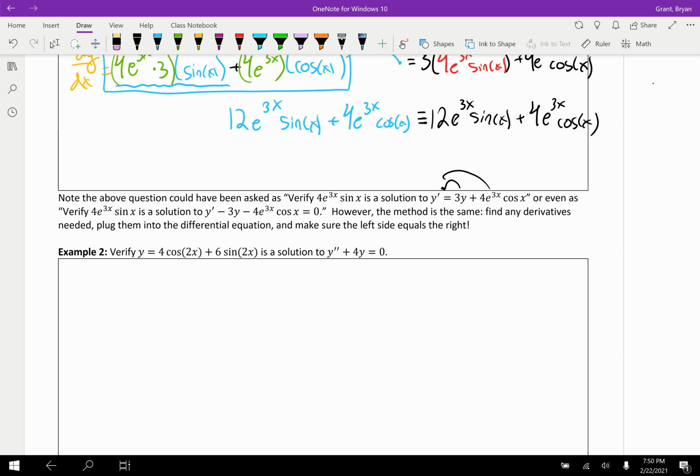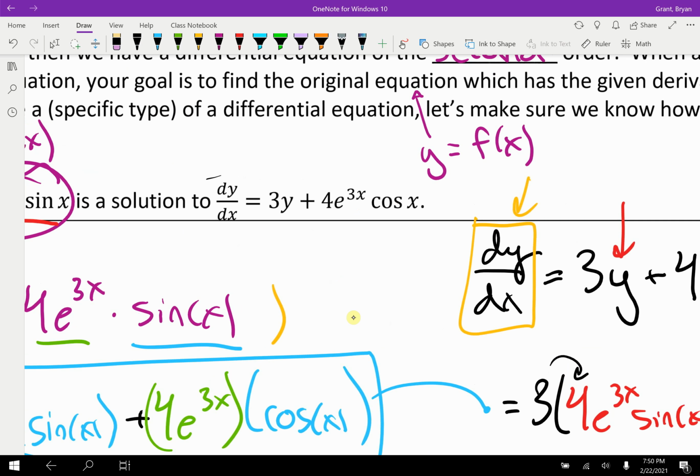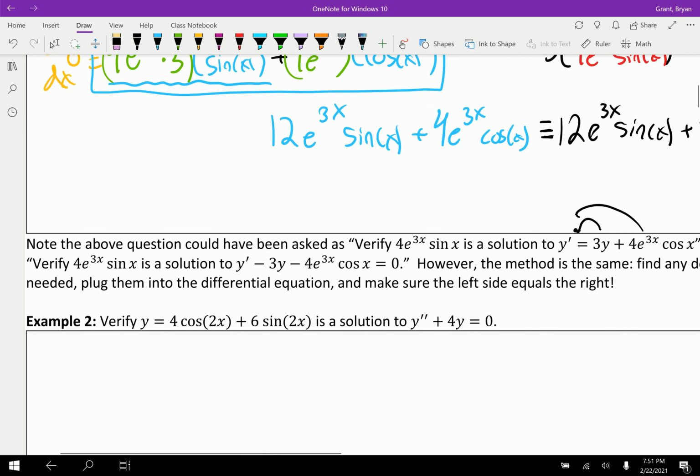Now, some of these seem like they're pretty straightforward, right? These differential equations. You might have looked at this first one and said, well, if this is the derivative, maybe I could just take the antiderivative of each piece and somehow that would give me back this as an original answer, right? If we start with dy dx and we work back to y, isn't that just an antiderivative? And some of them are that simple.